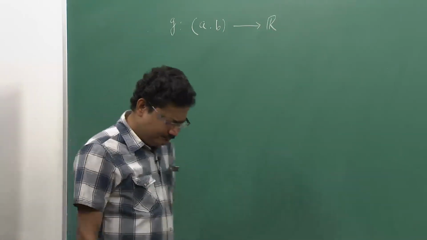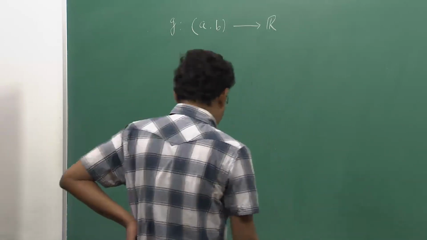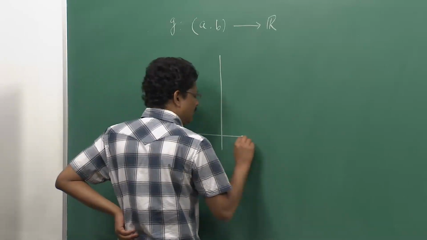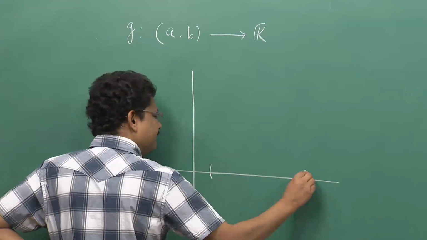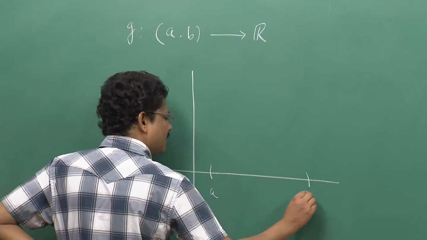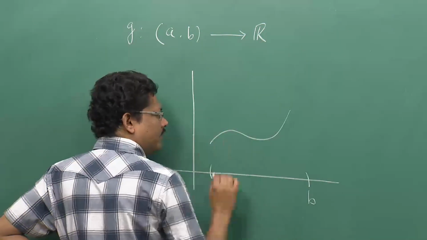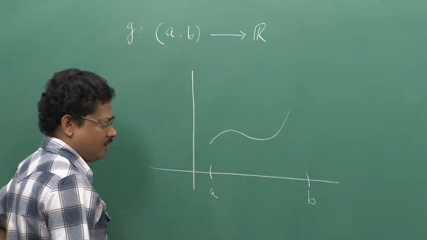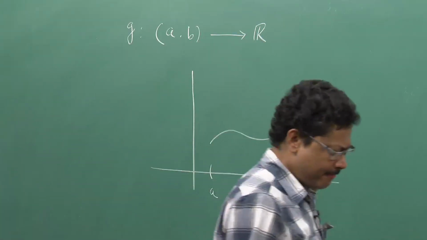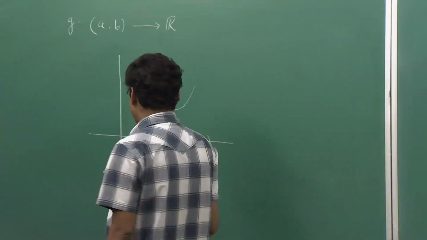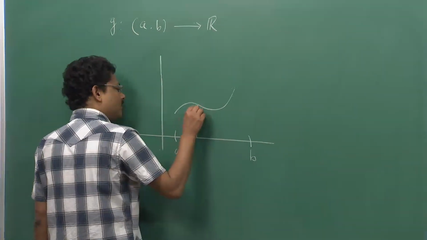Now, given a function, first one tries to plot it, right. So, here is my interval [a, b], and one tries to plot a nice function g out there. What it means is, for each value of x, I have a g(x) over here.